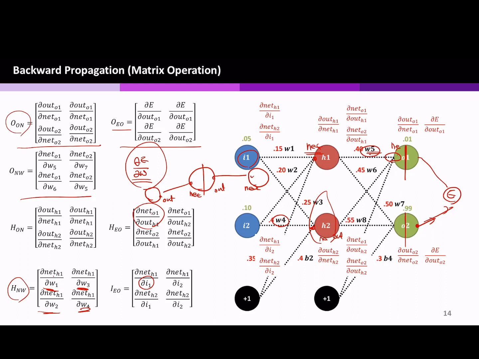So at each node we are computing these 3 values, and then forming this matrix.